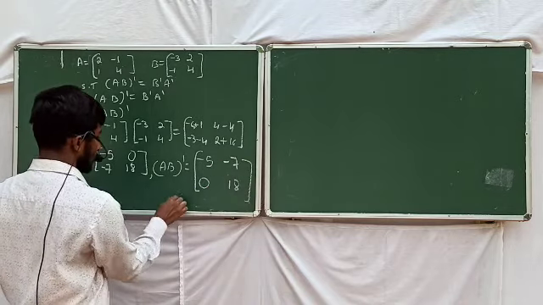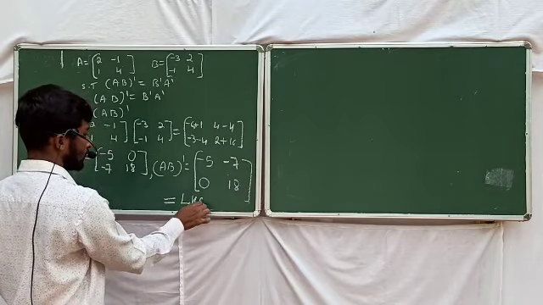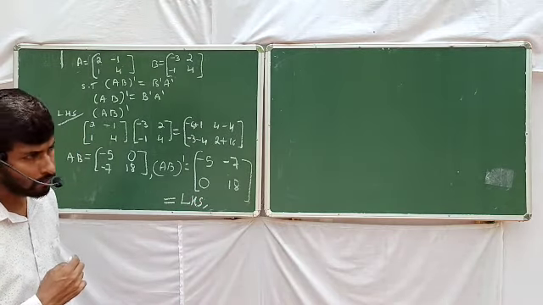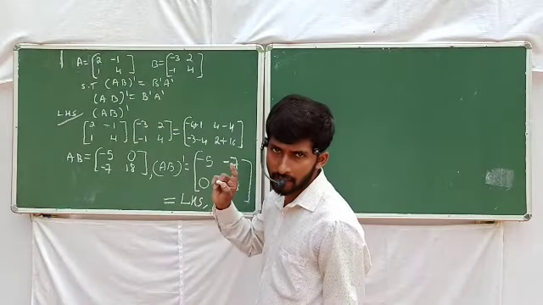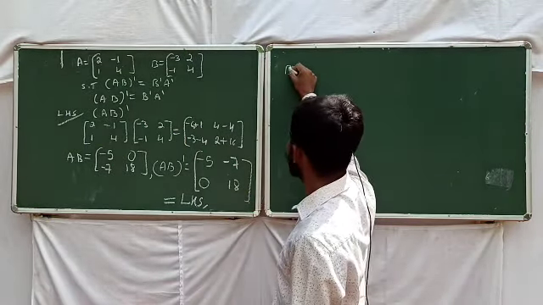This is LHS value. Now, find RHS value. What is RHS? B transpose into A transpose. First find B transpose.